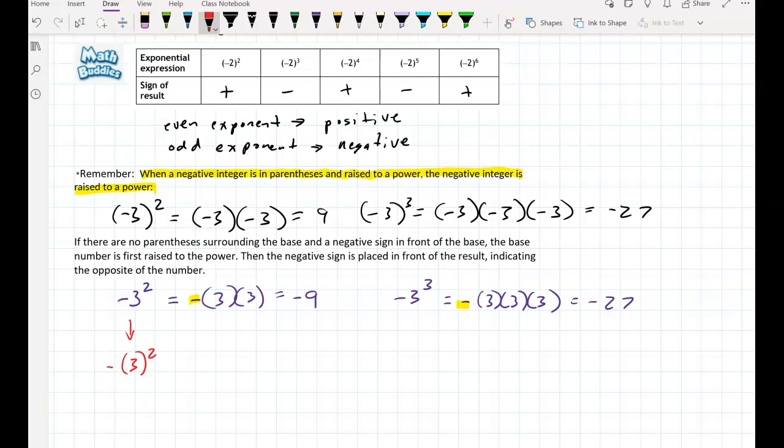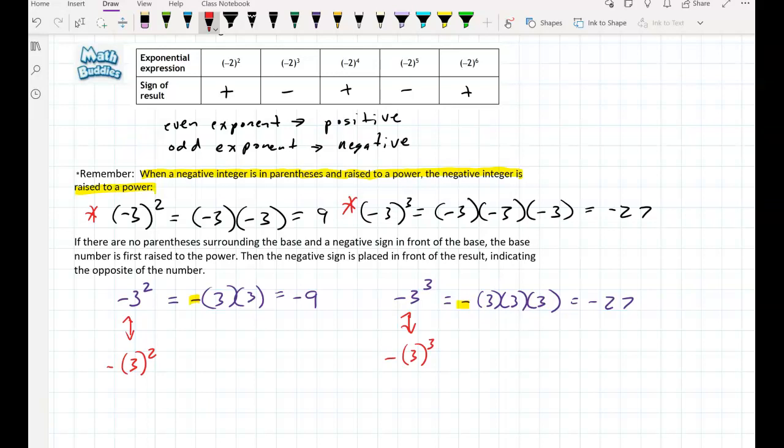Or, the opposite of 3 raised to the third power, that's the same thing as saying the opposite of 3, and you could put the 3 in parentheses and raise that to the third power. These are the same, but they are definitely different than what you see here. Here it's negative 3 raised to a power, and this is the opposite of 3 raised to a power.